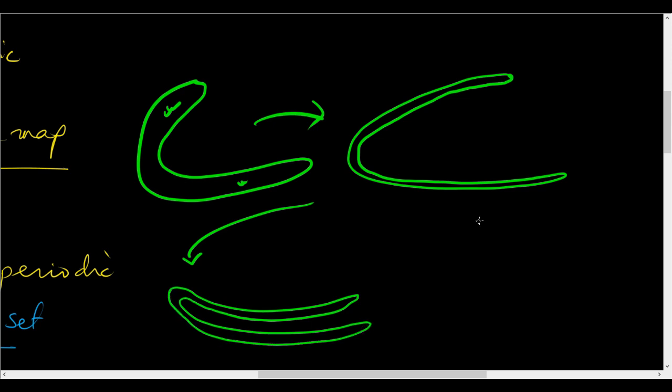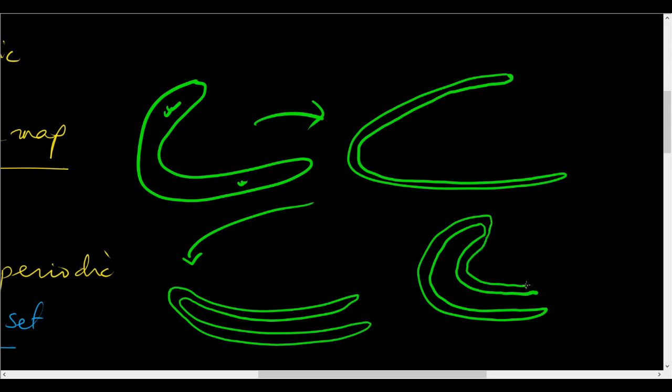And then the whole thing again, let's see, I have to draw it a bit carefully. The whole thing bends over like this, and then you see this part is beginning to look like this part, and you do this infinitely many times, and then you get some extremely fine structure.